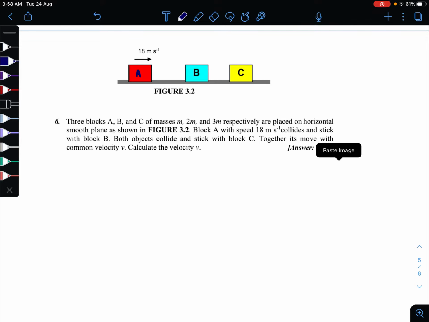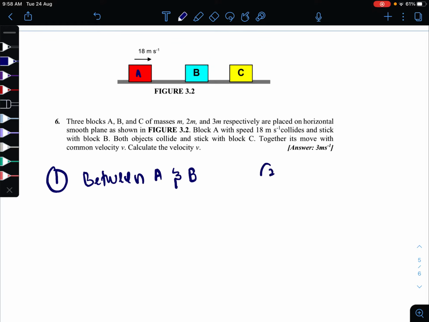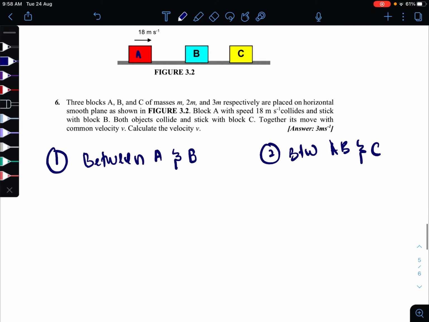The first one is between A and B, and the second collision is between A, B and C. So let us first look at the collision between A and B.